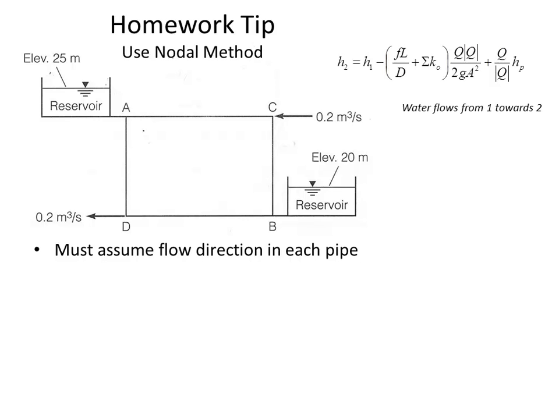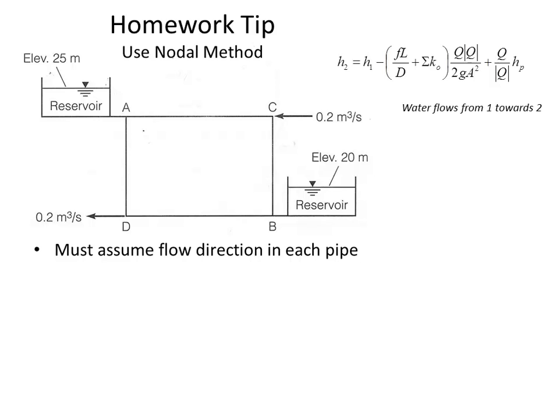So if the water is going from C towards B, then you'd say that the head at C is the head at B plus f L Q_BC squared divided by D 2g A squared. And that was A squared, not A2, A squared. That's the substitution we make for V squared, is Q squared divided by A squared.